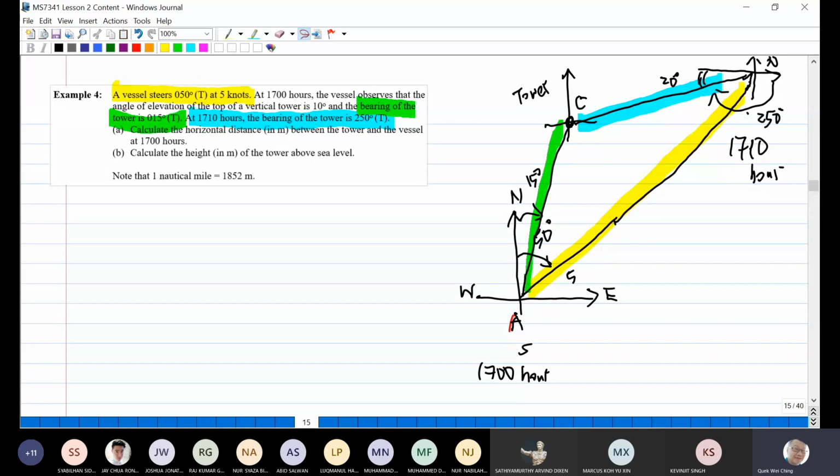First, let's figure out what this distance is. Let's call this distance AB. From 1700 to 1710, how far has the ship traveled?